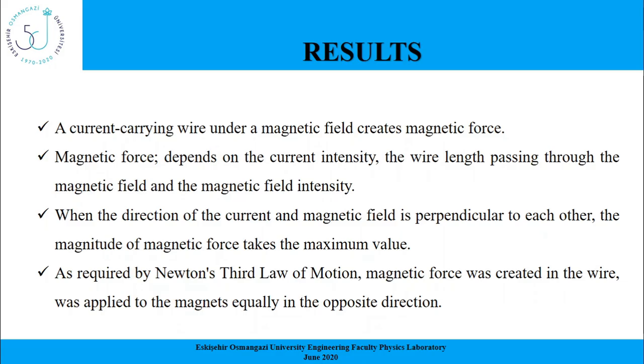As required by Newton's third law of motion, the magnetic force created in the wire was applied to the magnets equally in the opposite direction. So this enabled us to measure the magnetic force with a scale.